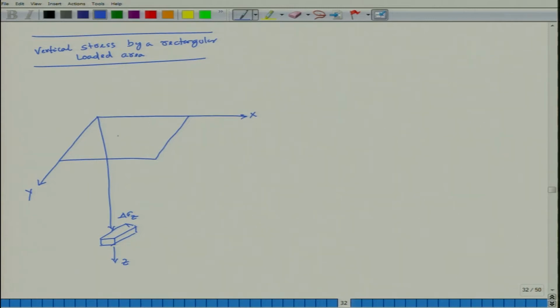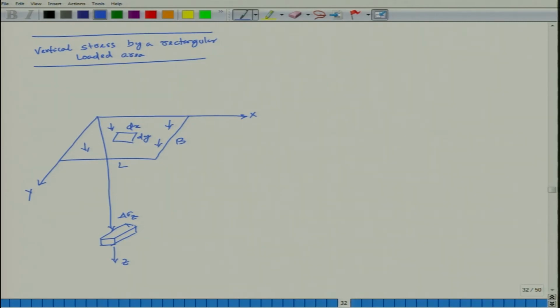I am taking a small area dx and dy, and this is your L and this is your B. This load is distributed uniformly over the rectangular area.